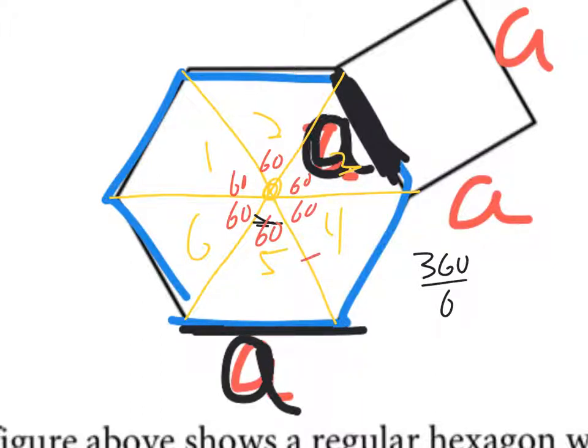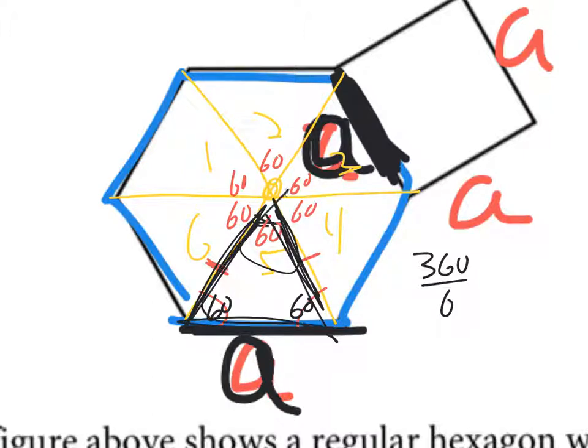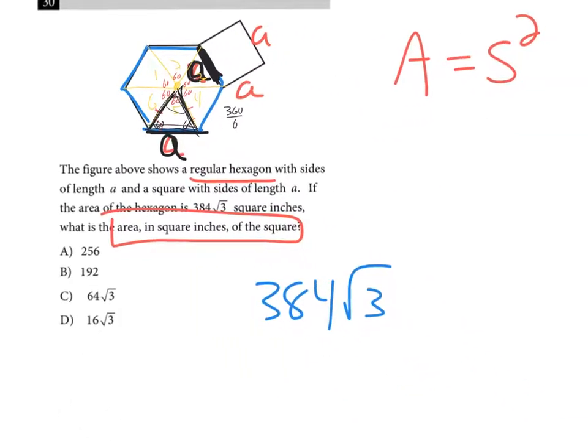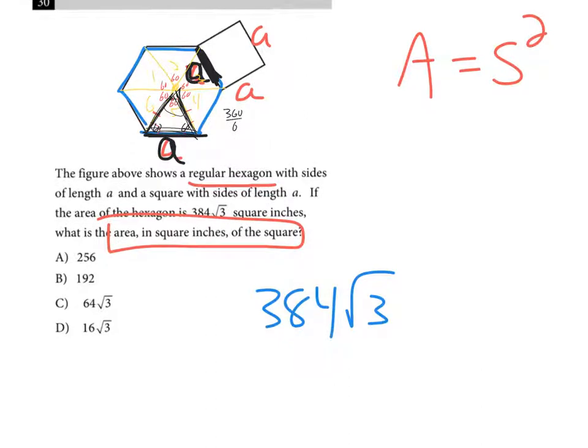Since the 2 radii of the hexagon are equal, these 2 base angles are equal, which means the triangles we constructed are equilateral triangles, because all 3 angles are 60 degrees. So here's what I have going on. The area of the hexagon is 384 radical 3.